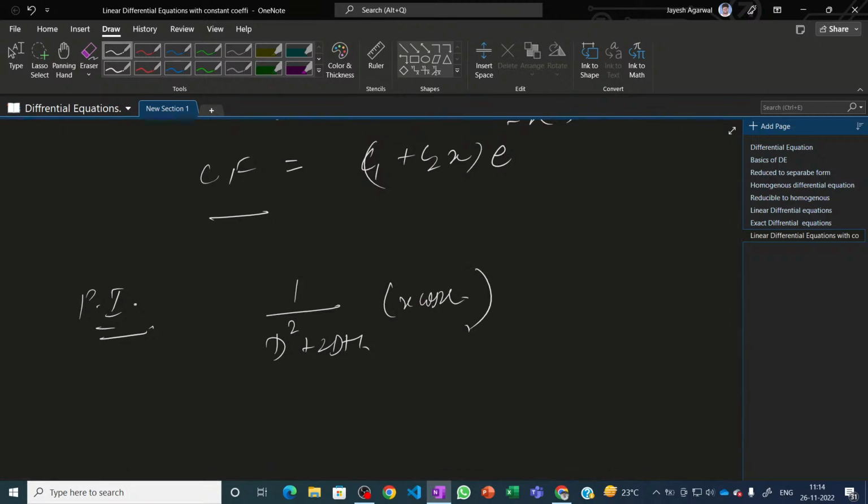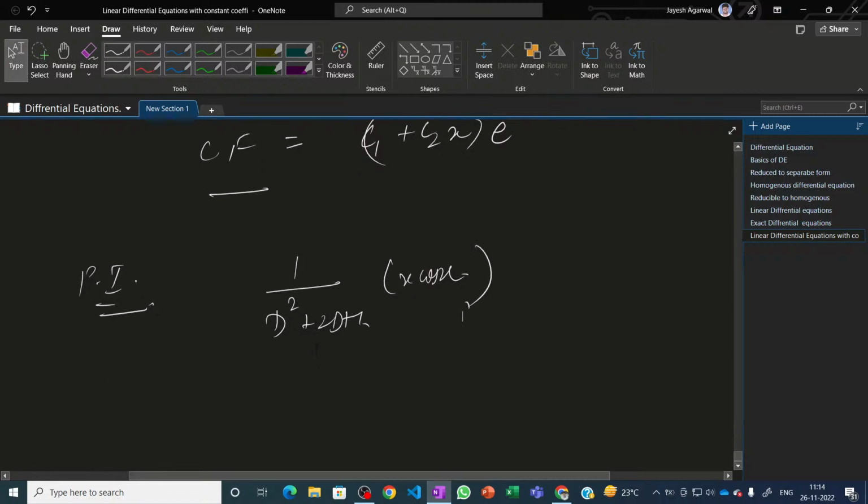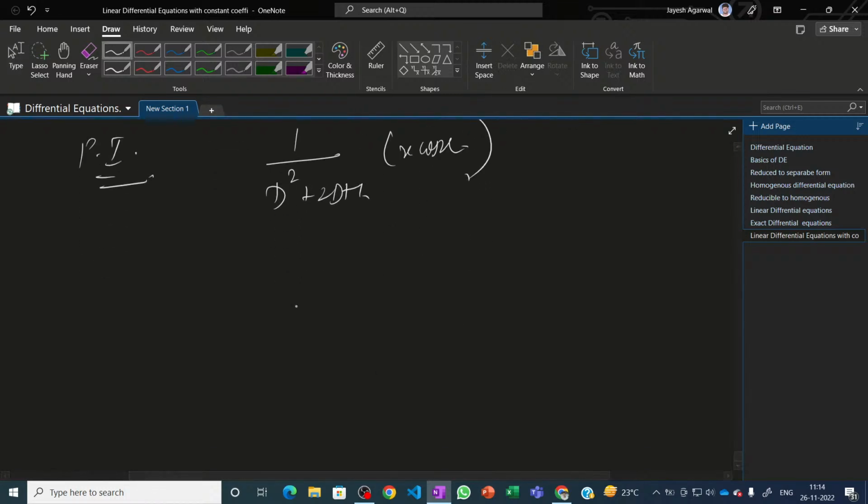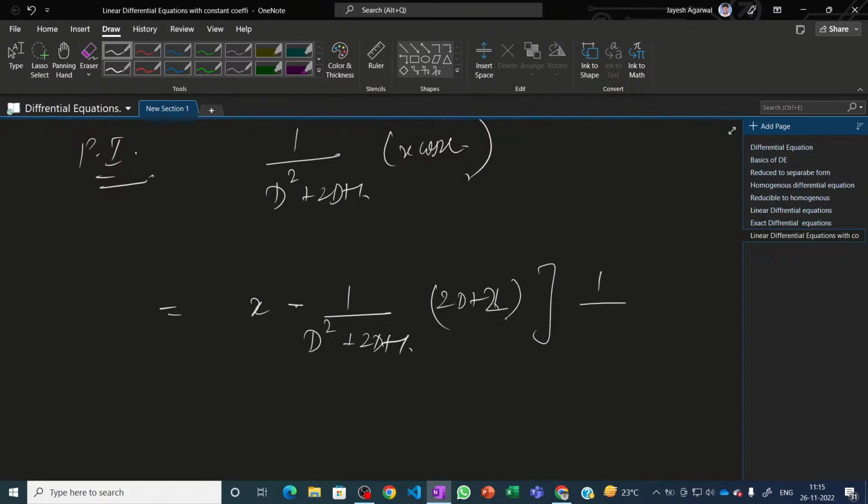Now this function could be treated as x into v. So here v can be treated as cos x and x separately. Then applying the formula we can solve the PI equation. So let us start. First of all we will write it as x minus 1 upon D square plus 2D plus 1, times (2D plus 2), times 1 upon D square plus 2D plus 1 times cos x.